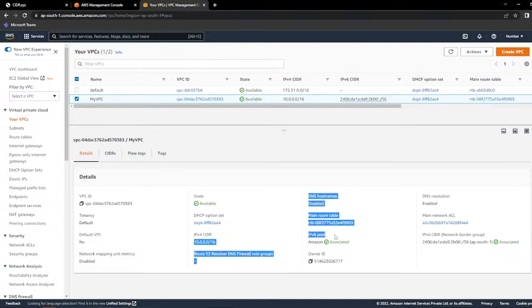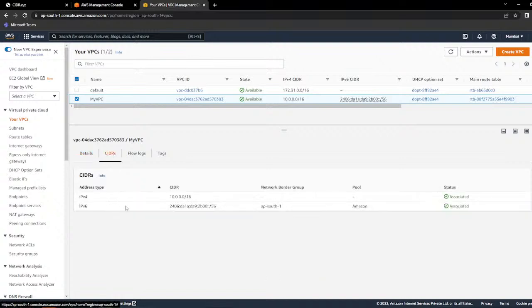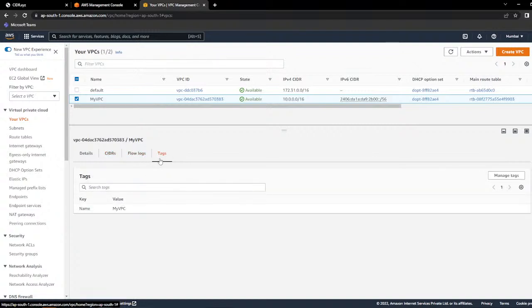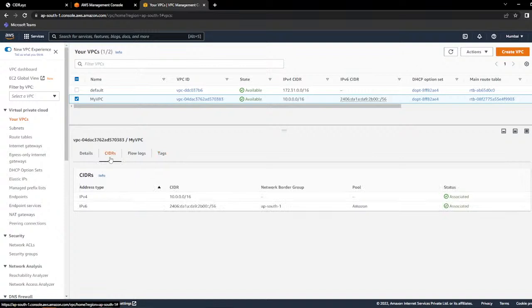Okay, IP pool IPv6, CIDR range of IPv6 and IPv4, these are both. CIDR range you can see here as well. Flow log not required right now. Tags just name. This is the VPC which we created.